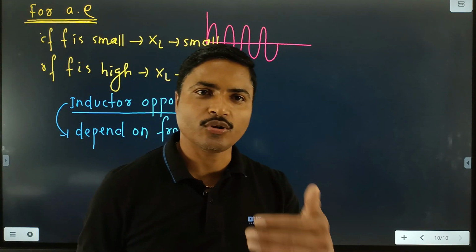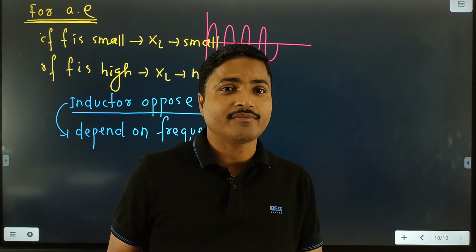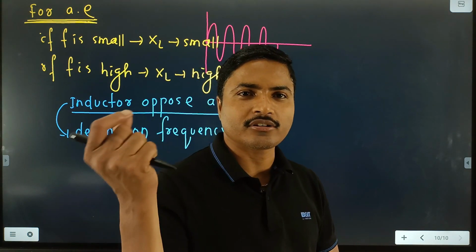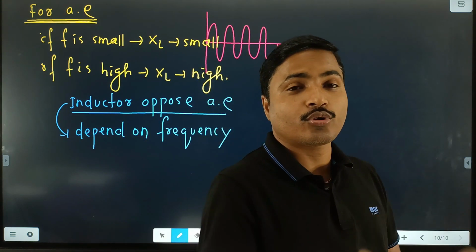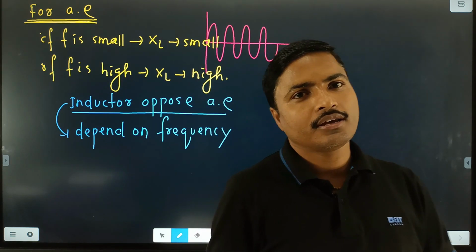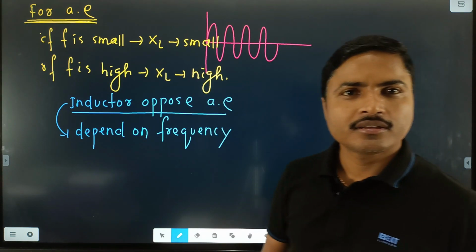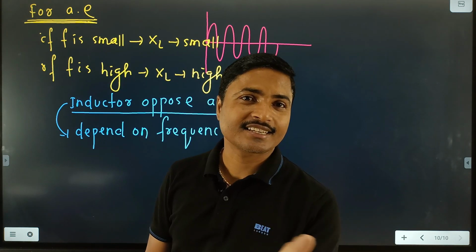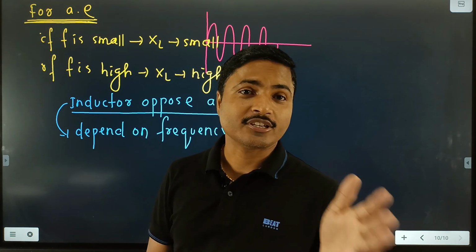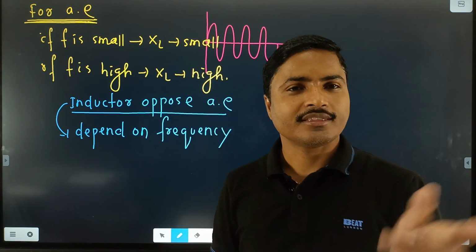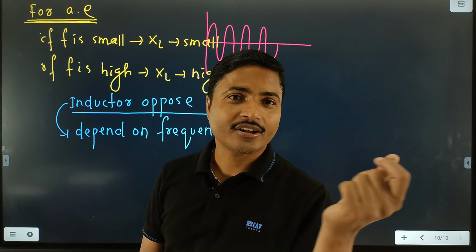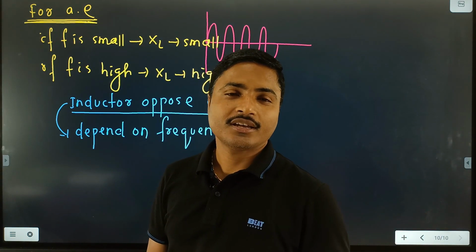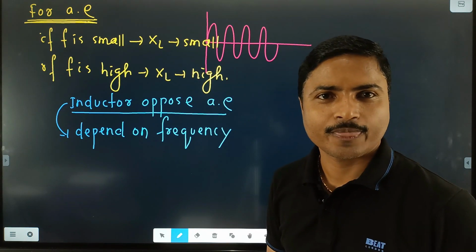If frequency is low, opposition effort is also low. That means alternating current easily passes through an inductor. Clear? If frequency is high, then inductive reactance XL is also high. That means opposition effort is high. That means the alternating current passing through the inductor is also very small.